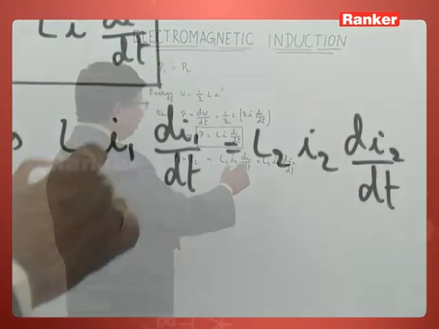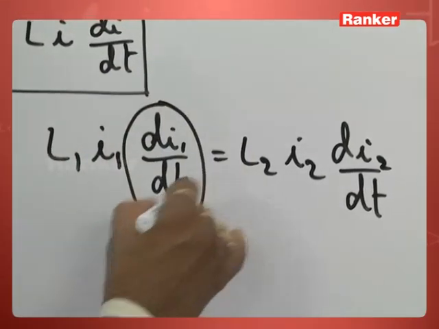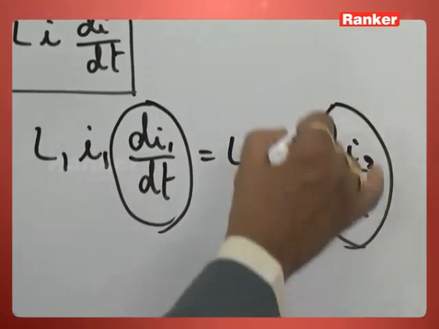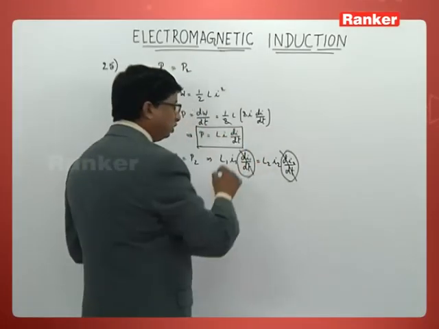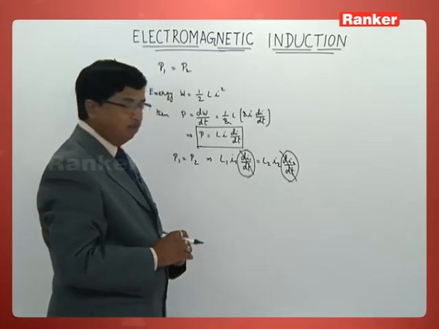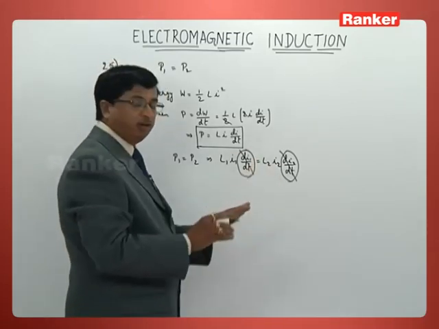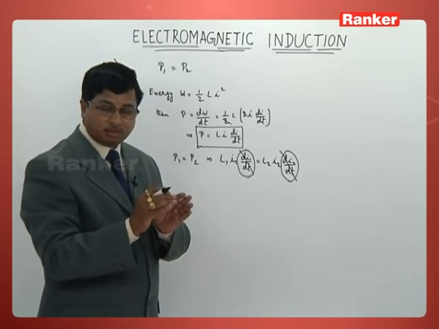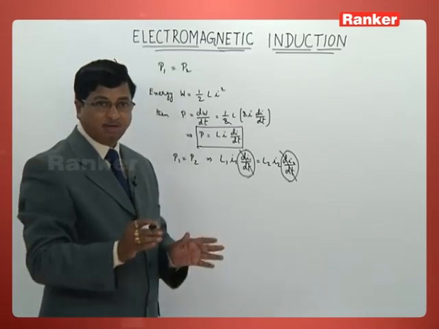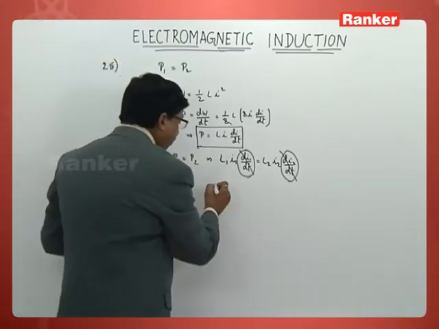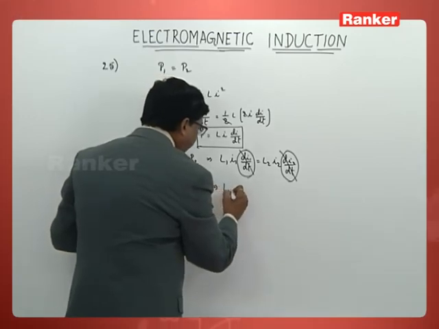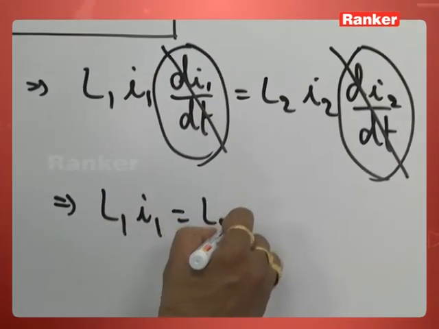That means the rate of increasing the current, that value is same for both of them. When di by dt for the first coil as well as the second coil are equal, you are left with simply L1 I1 is equal to L2 I2.